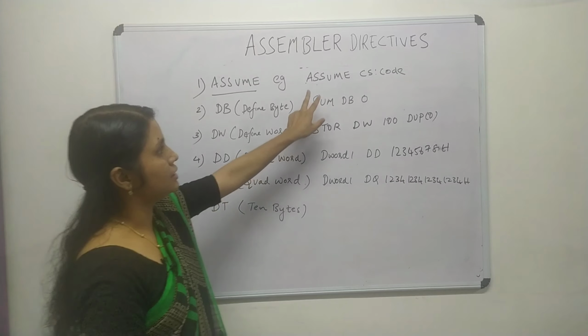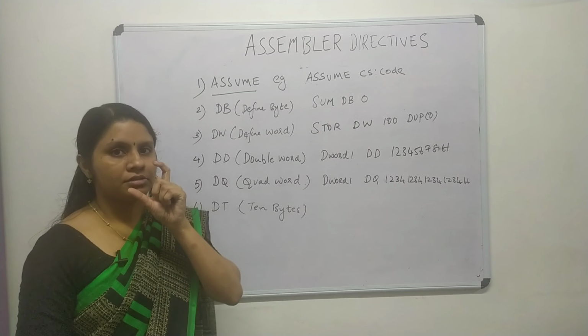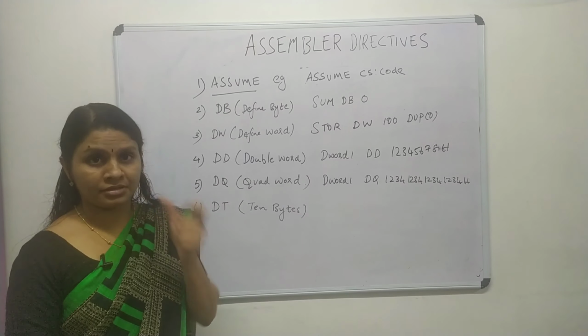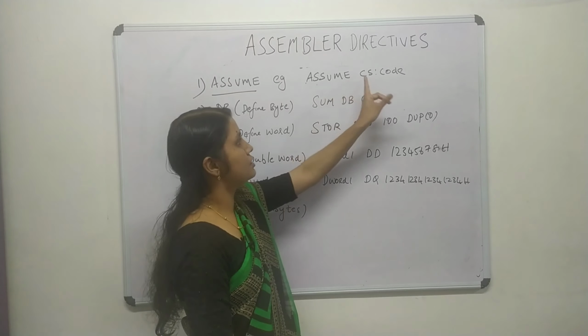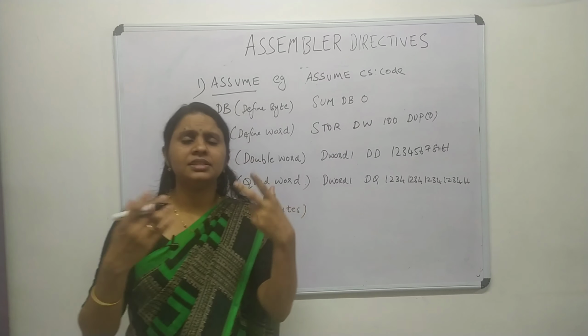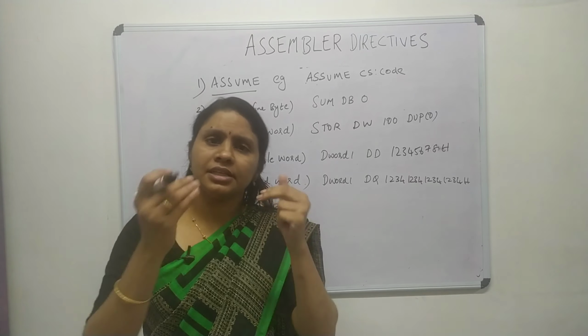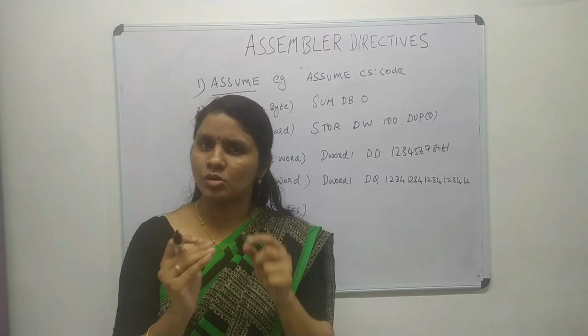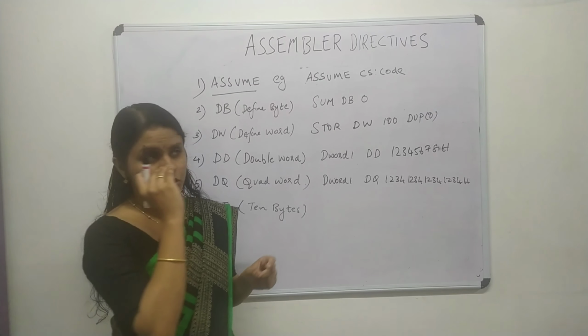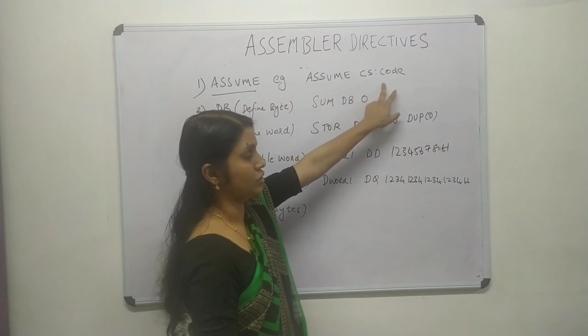The format of specifying the assume directive is ASSUME CS:CODE. This tells the assembler that the name of the logical segment is code.